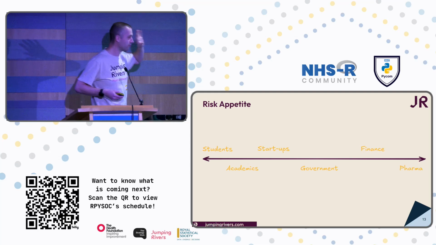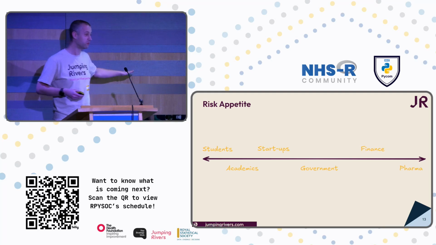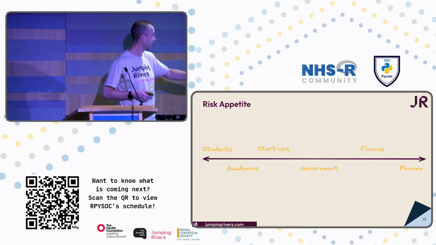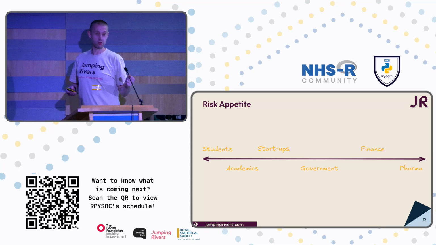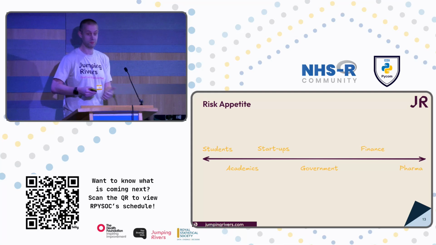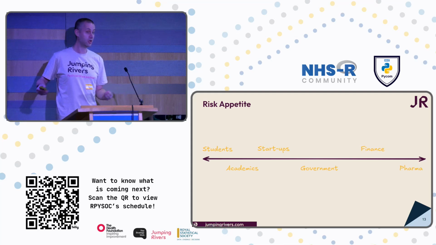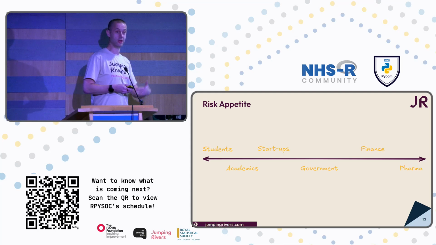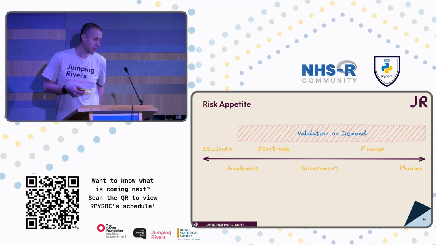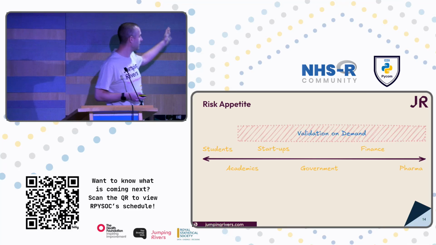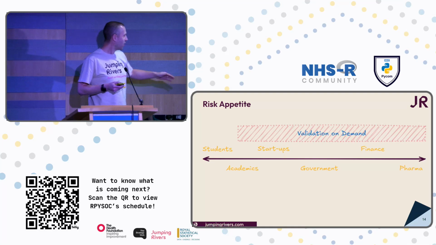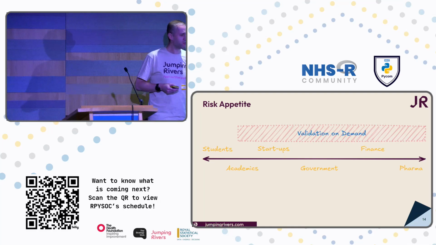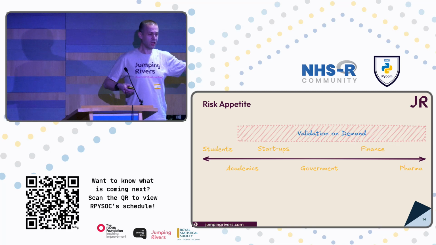On one end, we've got students who don't care at all, they just install everything. And then we've got pharmaceutical companies where if they get something wrong, something bad is going to happen, firstly to perhaps patients or the population, and secondly to people in the company, where they might get sued or imprisoned. So we've got validation on demand, which is my idea of all these companies on the right-hand side wanting someone to say, this is okay, you can use this.